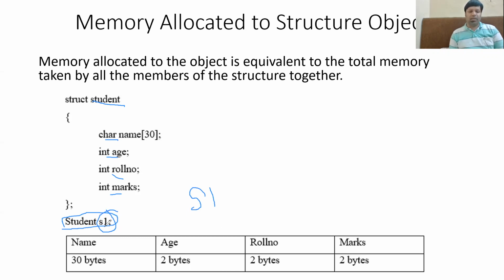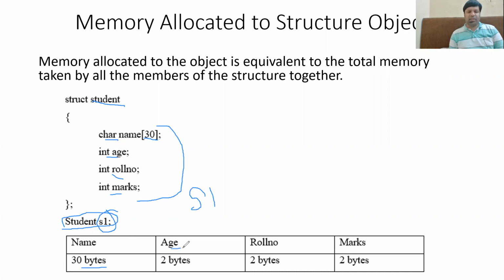When the S1 object is created, it will consist of these 4 elements. Now let's have a look at how much memory is required by each element. The first element name will take 30 bytes because it is a string or a character array of 30, and one element takes 1 byte, so 30 elements will take 30 bytes.